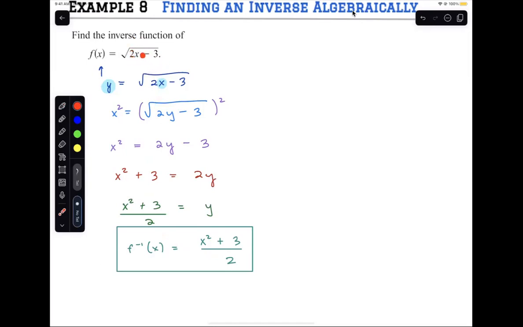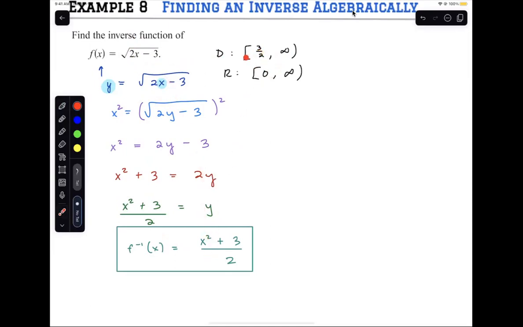So if we graph this, we would find that the domain of this guy is going to be 3 over 2 to infinity, which means that the range, if you graph this, was 0 to infinity. So remember, the domain and range of f with its inverse switch.